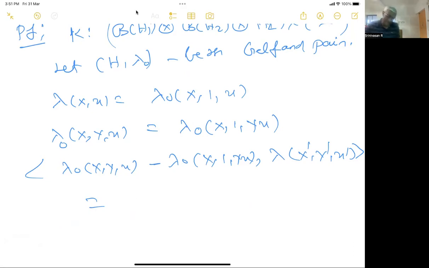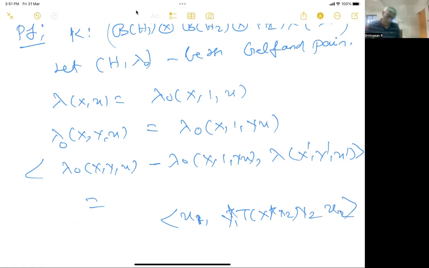What is a kernel? Kernel is U2 T of X1 star X2 Y1 star Y2 U1. Sorry, here U2, this is U1.